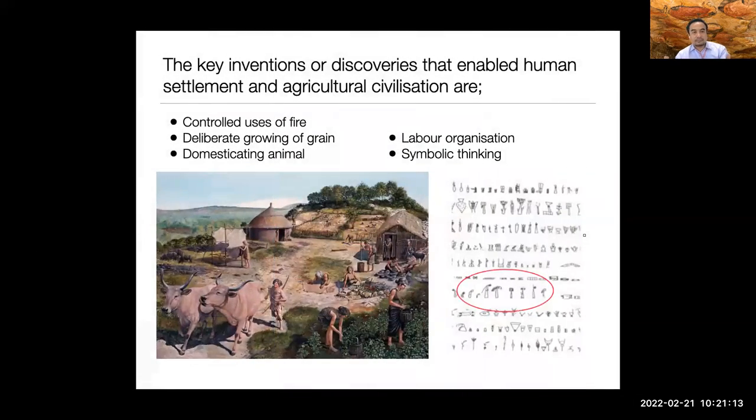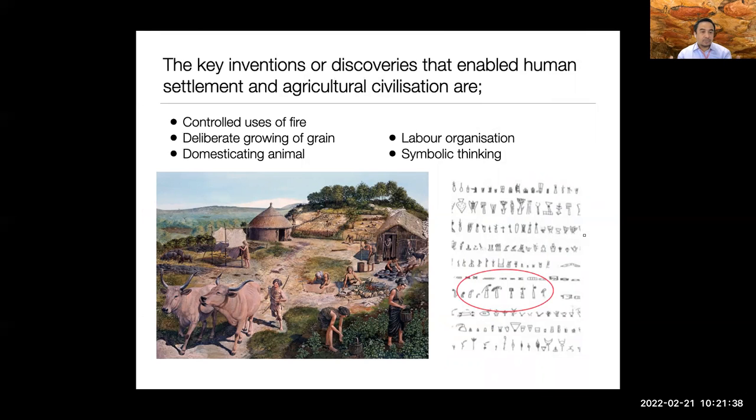From that moment on, the key invention, the dexterity, the way we use our hands and our brain, was to create our environment. We control fire, so we have a nice warm place. We deliberately grow the grains, the rice, or the barley, the wheat, depending on the area.